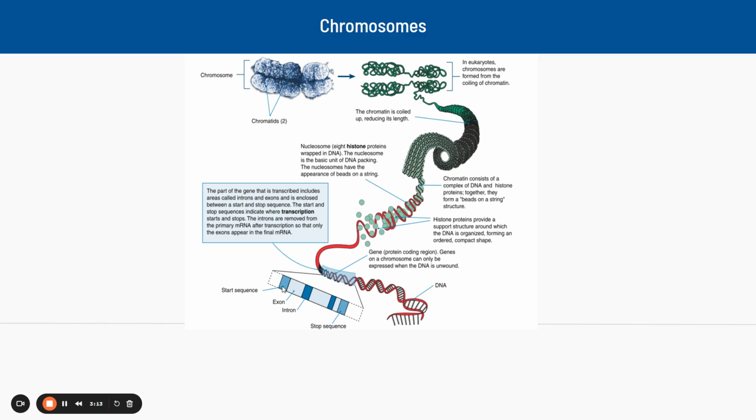Your exons are here, your introns are here, and then you have your stop sequence. When we are refining or modifying mRNA, that final mRNA strand, the introns are actually removed, and then we have something called exon splicing. Once those introns are removed, those exons will start to come together.